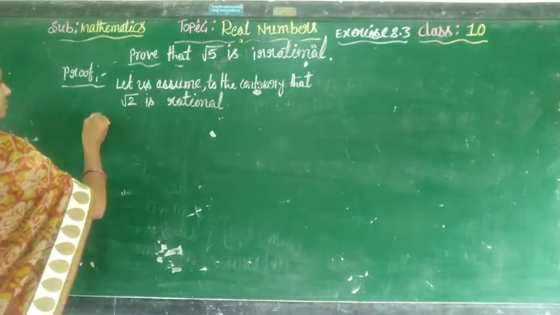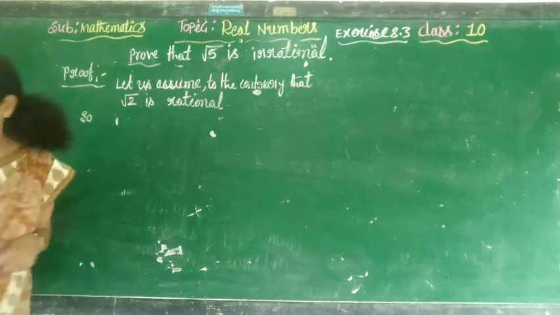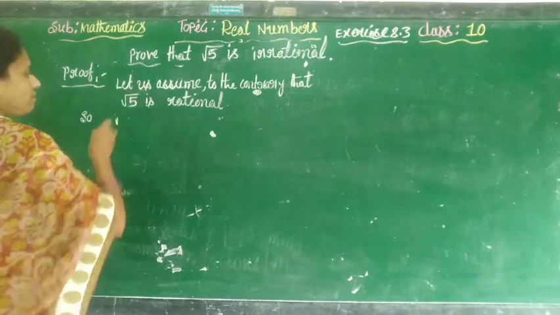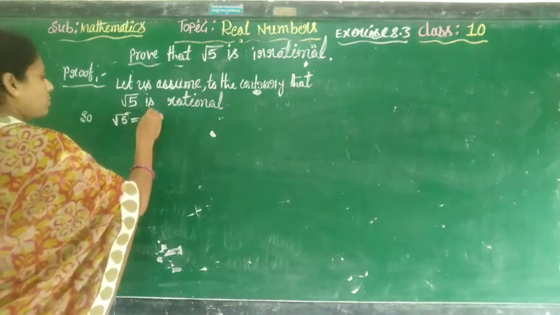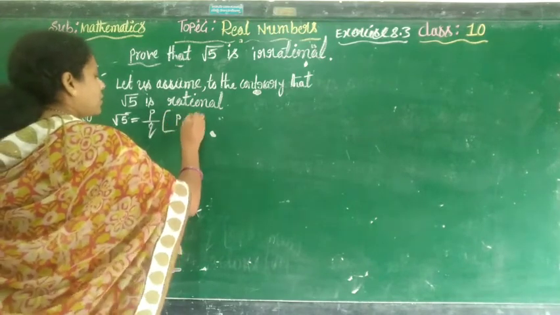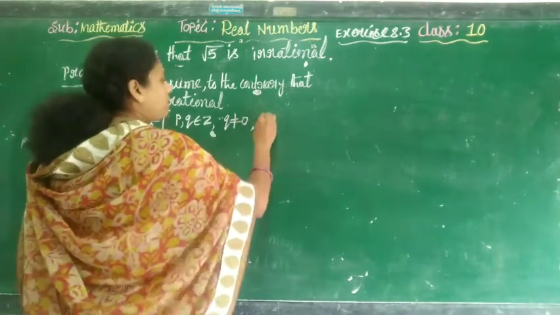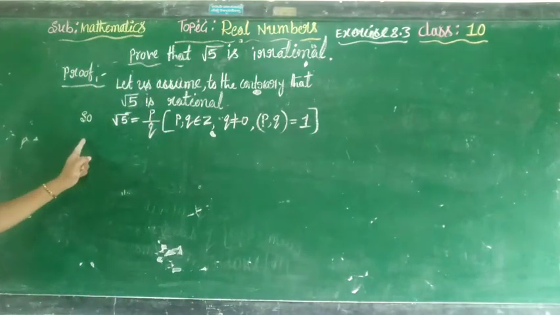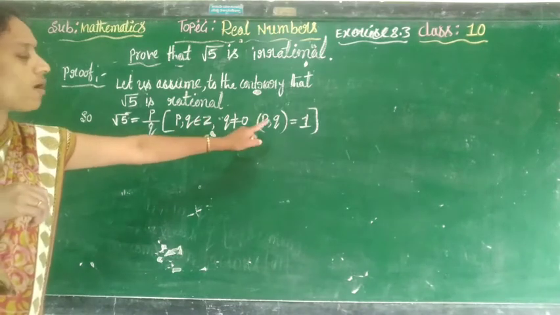So root 5, once again let me spell this, root 5. So root 5 is equal to p by q, where p, q belongs to z, where q is not equal to 0, gcd of p, q is equal to 1. So there is no other common factors of p and q other than 1.